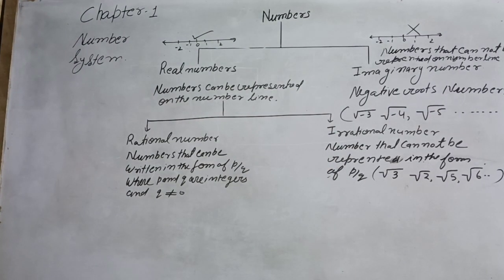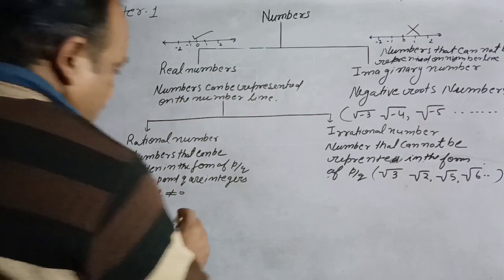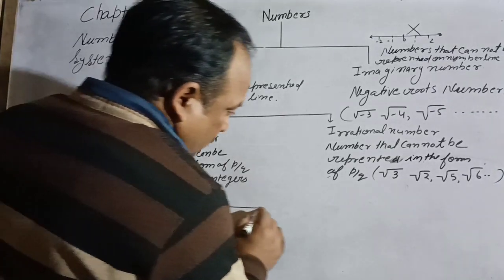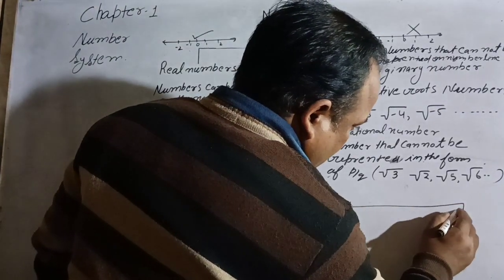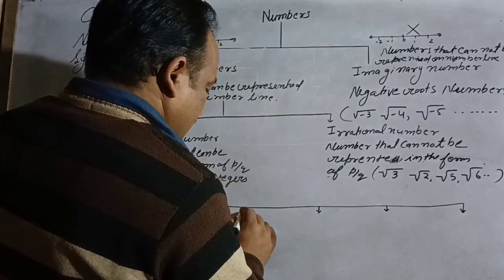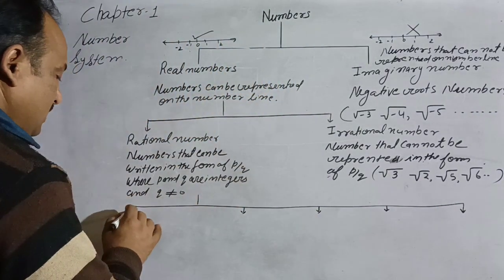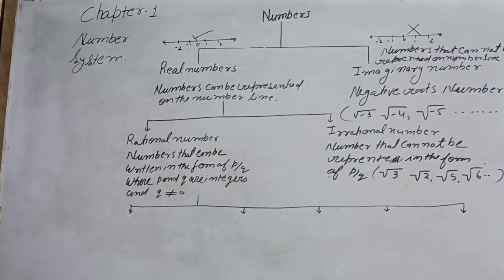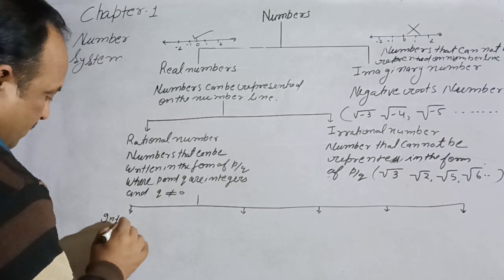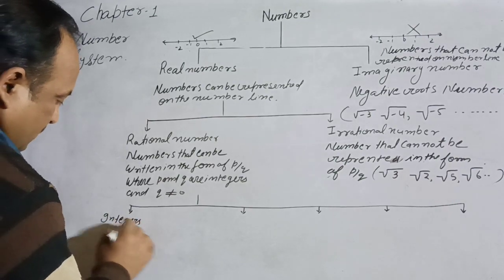Rational numbers have 5 parts. In our classes, we learn about these parts. First is called integers.